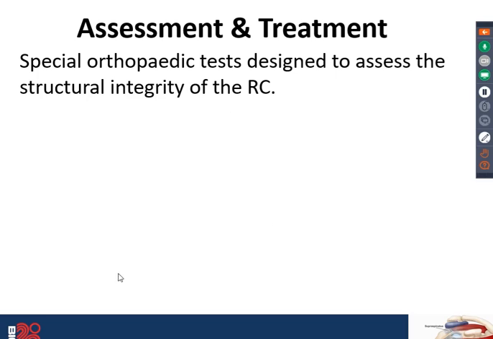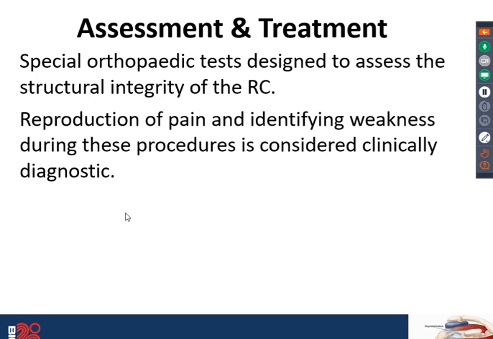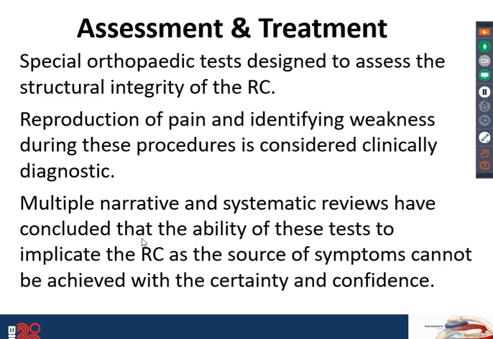We all know that there are special orthopedic tests designed to assess the integrity of the rotator cuff. You're looking for reproduction of pain and looking for weakness during these somewhat non-specific diagnostic tests.